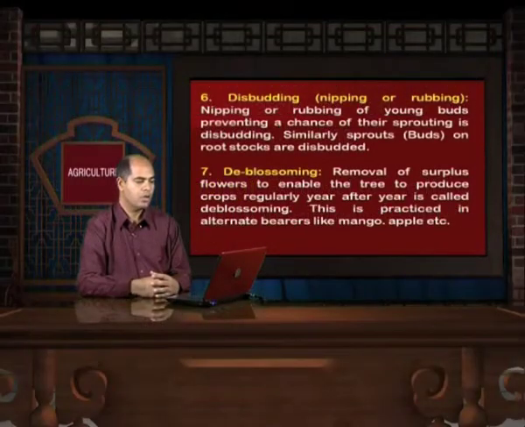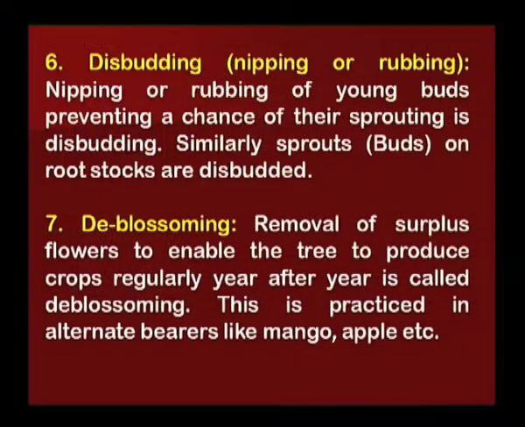Disbudding, nipping or rubbing. Nipping or rubbing of young buds, preventing a chance of their sprouting, is called disbudding. Similarly, sprouts or buds on root stalks are disbudded. Deblossoming. Removal of surplus flowers to enable the tree to produce crops regularly year after year is called deblossoming.